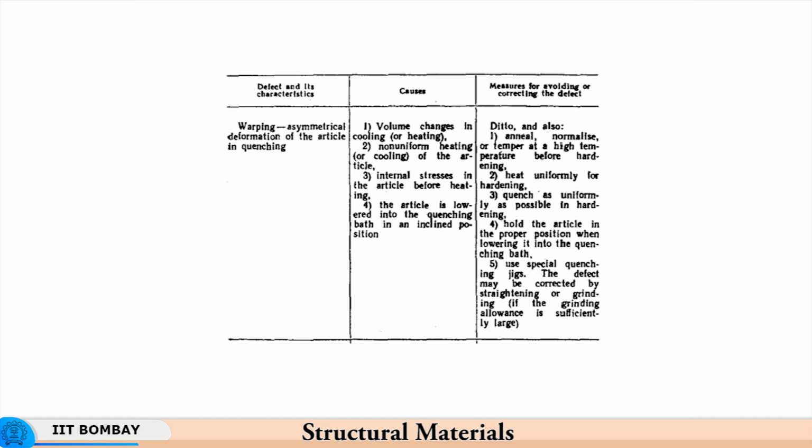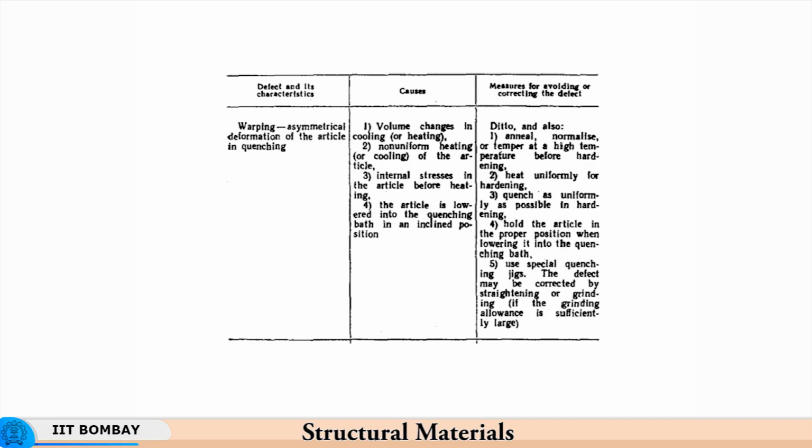So, the heating time, heating rate, all these parameters have to be set so that uniformity in heating is facilitated. So, for instance, if the alloy steel has low conductivity, obviously alloy steel will have low conductivity, then the heating rate has to be small and the heating time has to be large, so that the heat is uniformly distributed over the entire volume. So, it is important that we heat uniformly following the guidelines of heating, rather than try to maximize the volume of heated material at the expense of quality of heating.